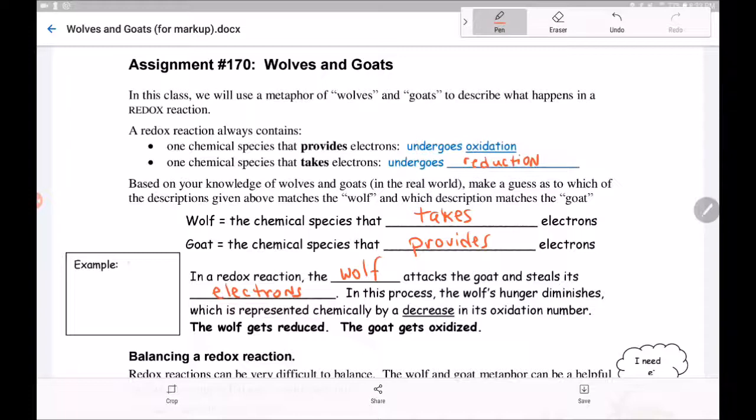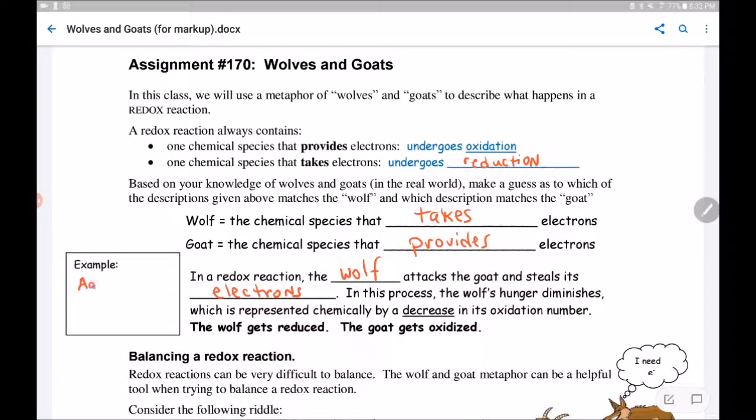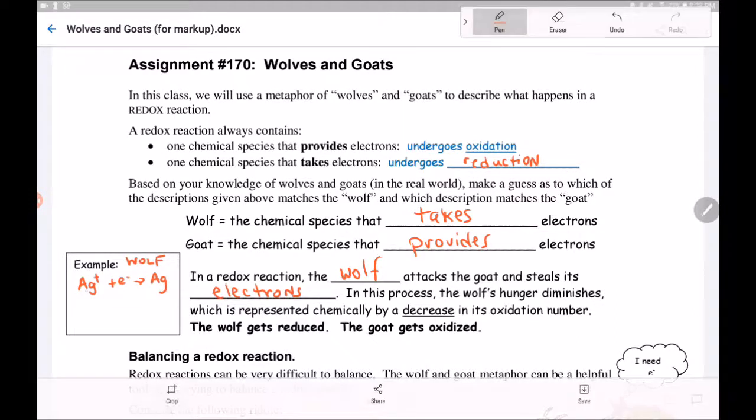Here's an example. Suppose we had Ag+. That could gain electrons and turn into Ag neutral. That would make it a wolf. Gaining electrons is something a wolf does.